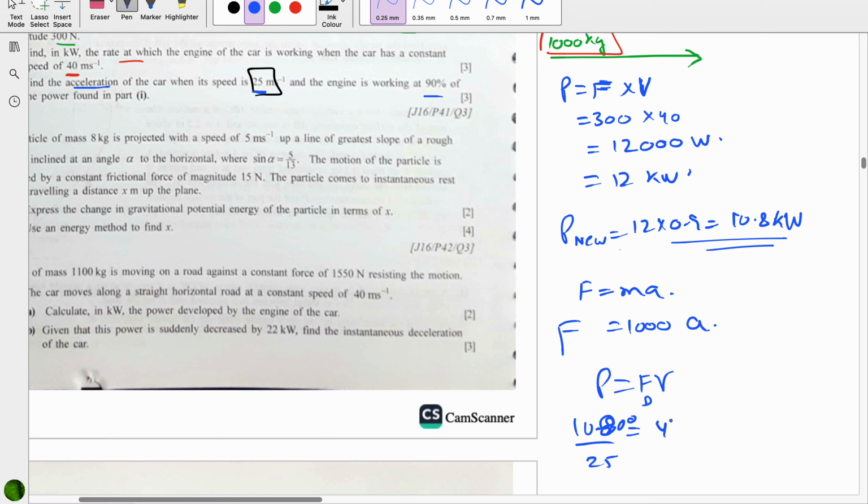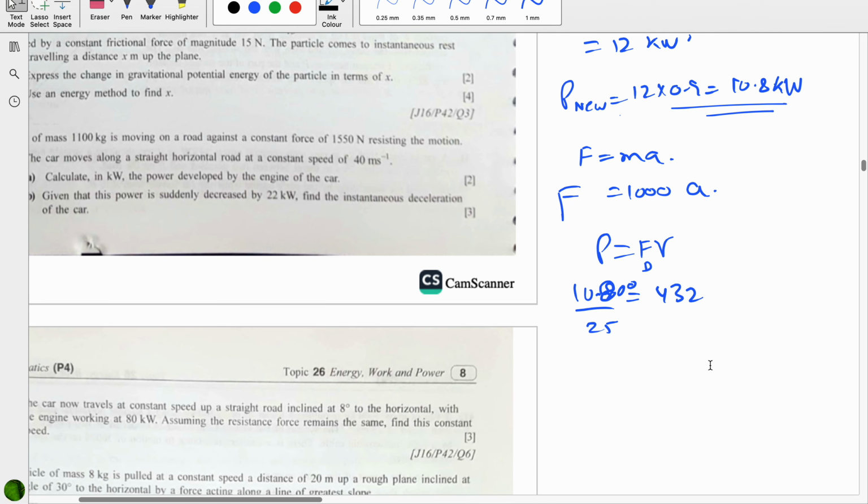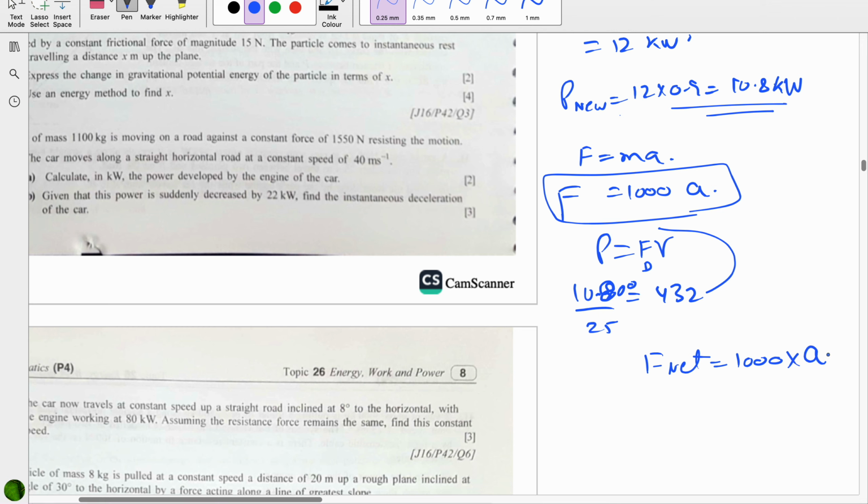Driving force at that time is 432. So we plug it in the formula. F net is equal to mass into acceleration. F net is forward force minus the resistive force, by 1000 is equal to acceleration. So acceleration is 0.132 meters per second square.